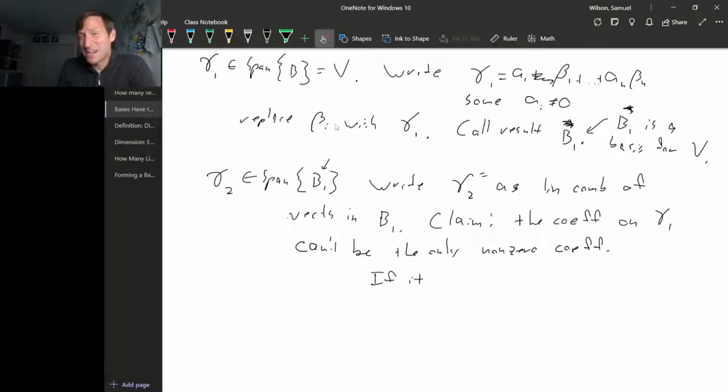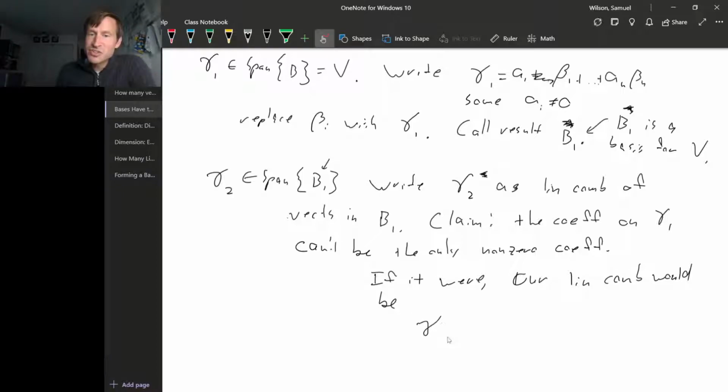We don't know which beta it's replaced. And so actually writing this is going to be a mess, so maybe I won't do that. All right, so if the coefficient on gamma 1 were the only non-zero coefficient, then our linear combination would look like this.